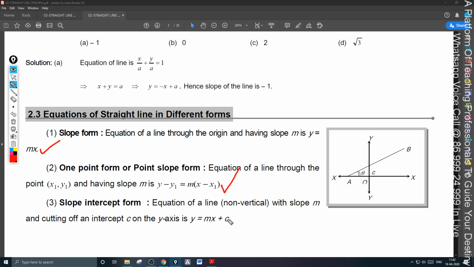And the slope intercept form is y is equal to mx plus c, which we have seen already.